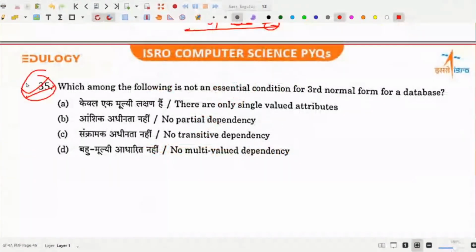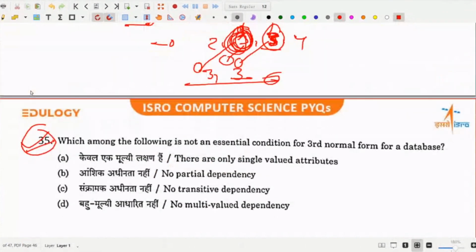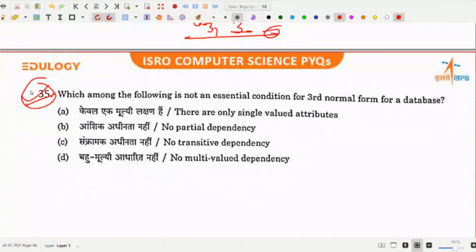See, you guys can solve this one also. Solve it fast. This is from DBMS.